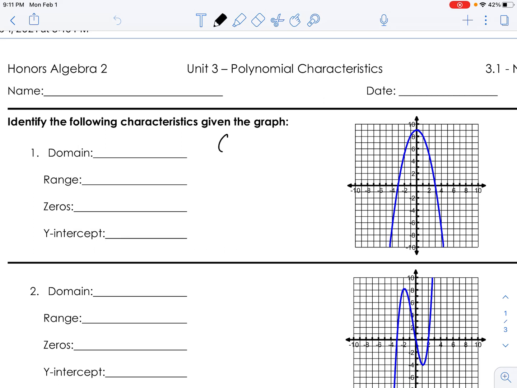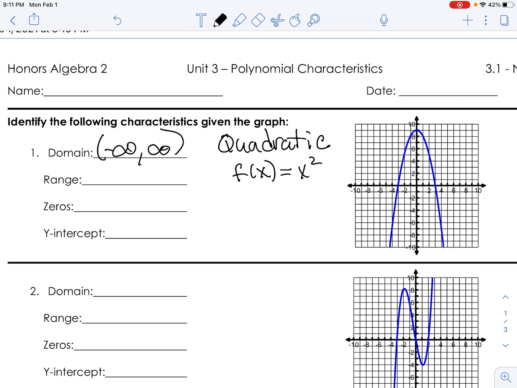So we'll start with one of the functions that you're familiar with, which is the quadratic. And we know the quadratic parent function is f of x equals x squared. We've talked about the domain and the range. So the domain, negative infinity to positive infinity, always.